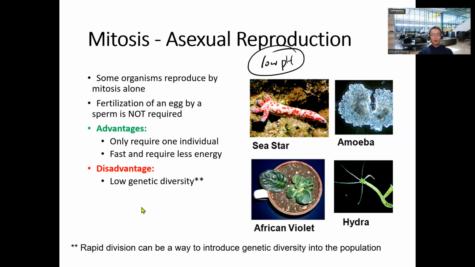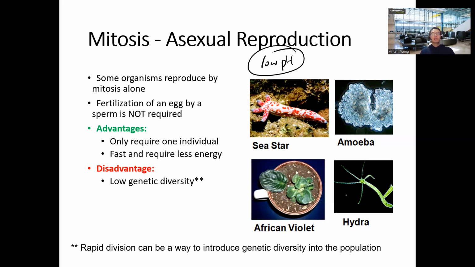It might sound contradictory, right? How do you create genetic diversity if all you're doing is copying the same thing? But we talk about how mistakes can occur when you do DNA replication. DNA polymerase 3 and 1 are supposed to check for these mistakes, but when you do it so fast for so many generations, it's inevitable that sometimes you will create mistakes.